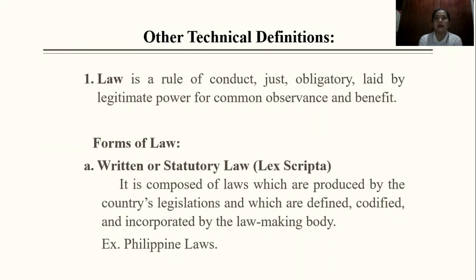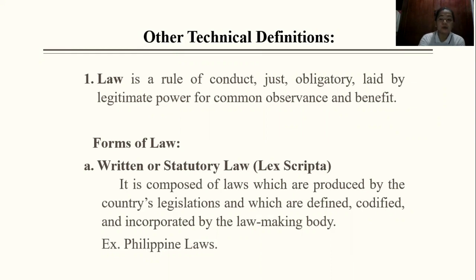The first one is it must be a rule of conduct, meaning it regulates our actions and behaviors. The second characteristic is it is dictated by legitimate power, meaning it must be laid down by the legitimate power of the lawmaking bodies. And the third one is it must be compulsory and obligatory.